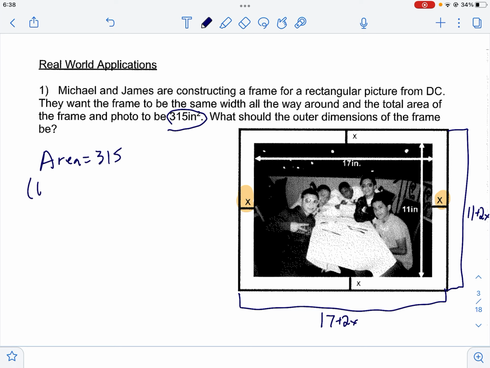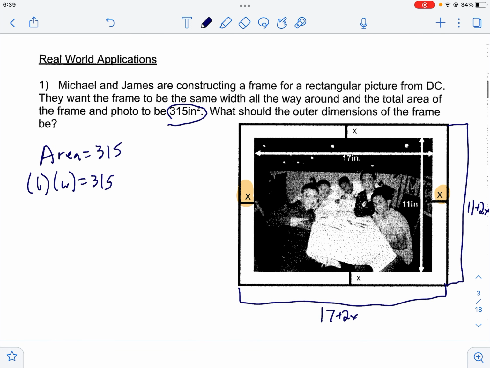We also know the area is the length times the width. So if we filled that in even further, the length, 17 plus 2x, and the width, 11 plus 2x, all is going to be equal to 315. So if we were going to continue solving or factoring or working towards getting the solutions for x, we'll start by distributing or using FOIL.